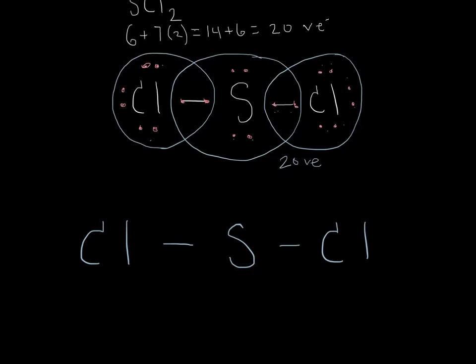Chlorine has 7 electrons. So does the other chlorine. And then sulfur has 6. You put 6. And you have a total of 20 valence electrons, and that's how you will complete your Lewis structure.